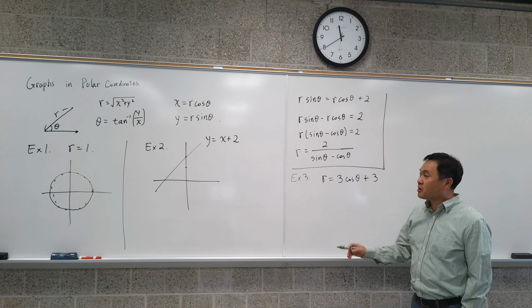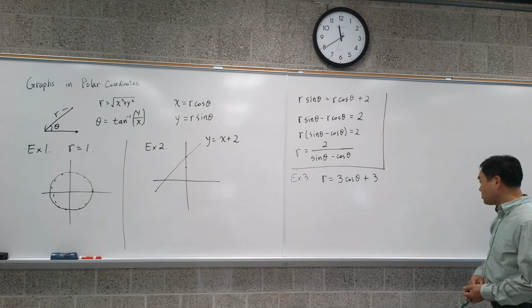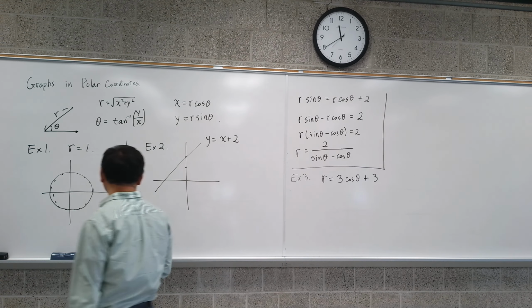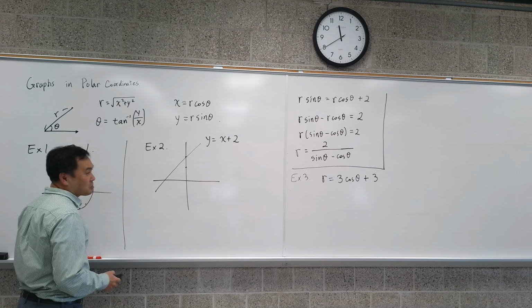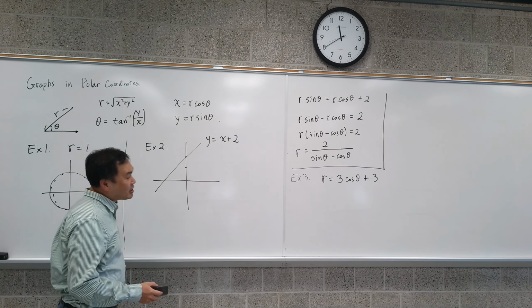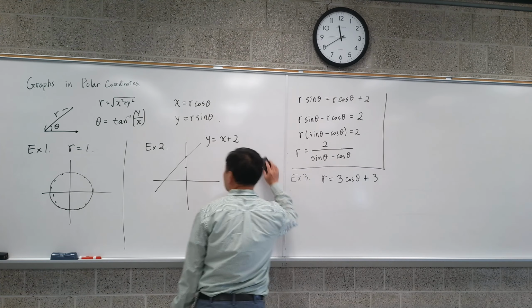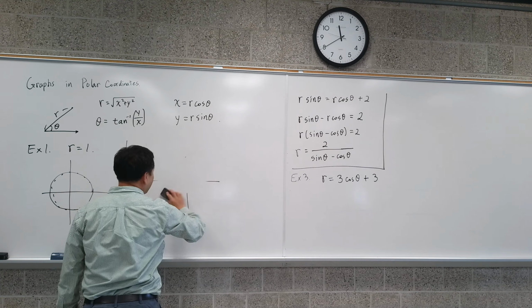Now that's something that we haven't done before, so we have no idea what kind of graph this is going to give you. And it's not so straightforward to change this into rectangular coordinates either.